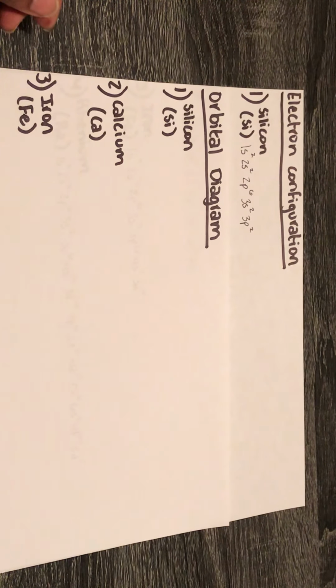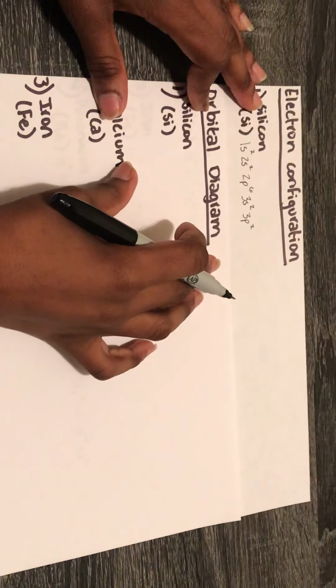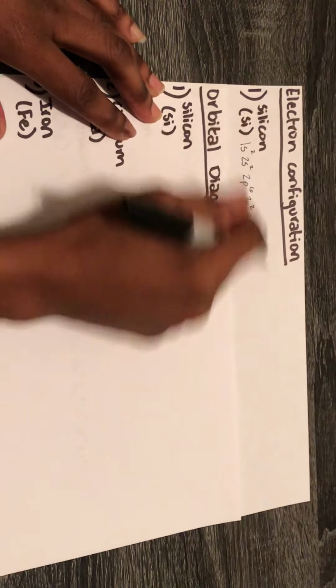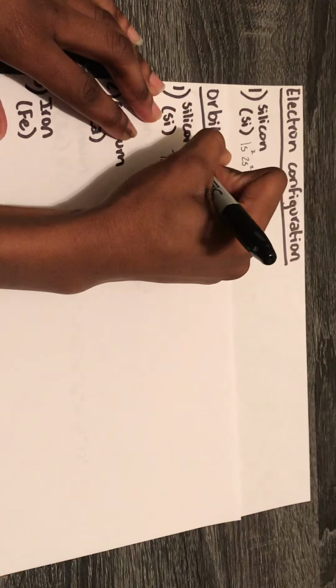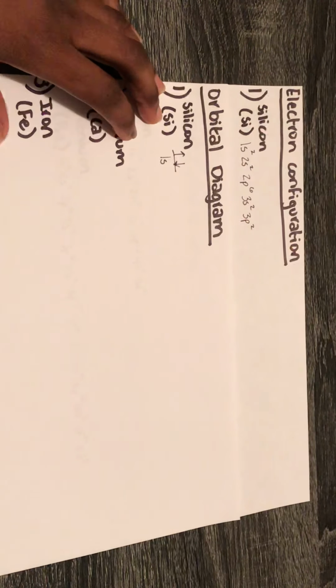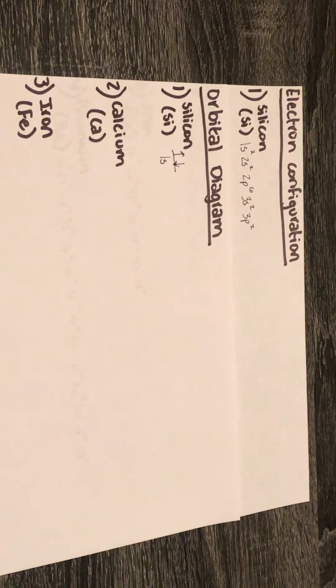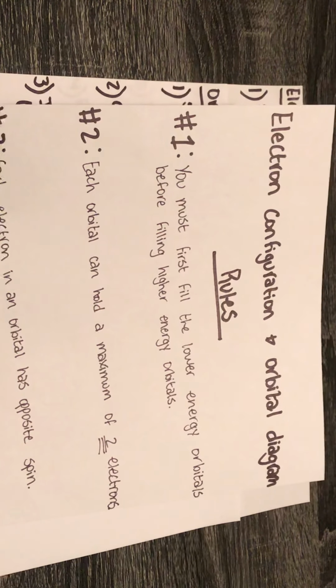So starting with silicon, we're going to take this electron configuration and convert it to the orbital diagram. You'll still keep the 1s, but instead of using exponents, you use arrows: an up spin arrow and a down spin arrow. And you must always fill lower energy orbitals before filling higher energy orbitals.